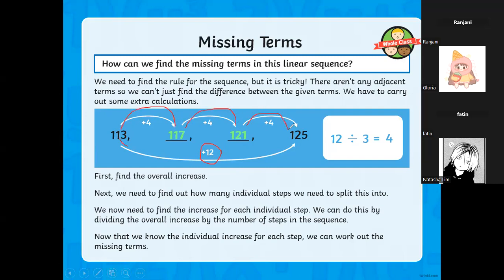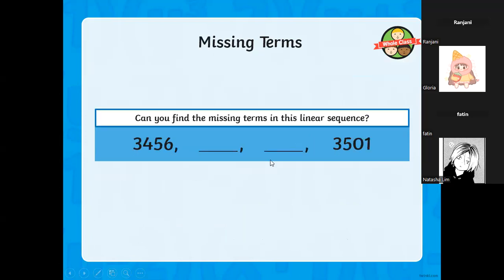So 1, 2, 3. Take your answer and divide by the number of jumps, and you will get how much per jump. That's the strategy. Now use that same strategy on this question. Try that now.